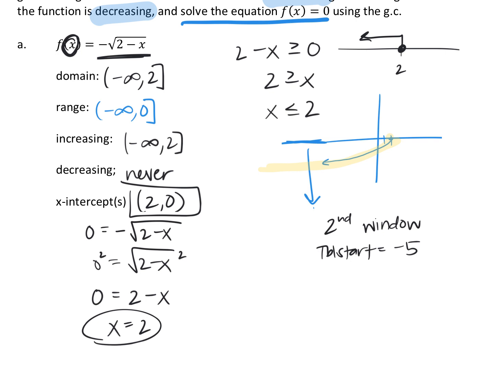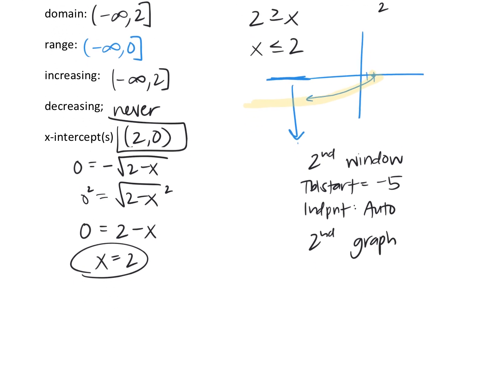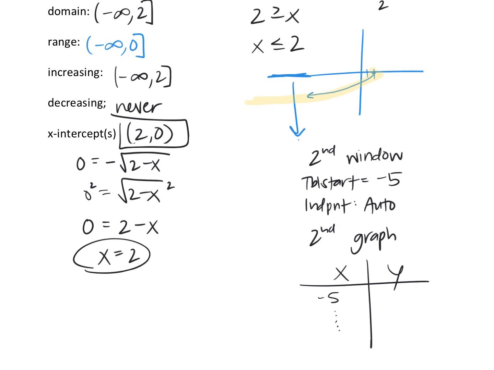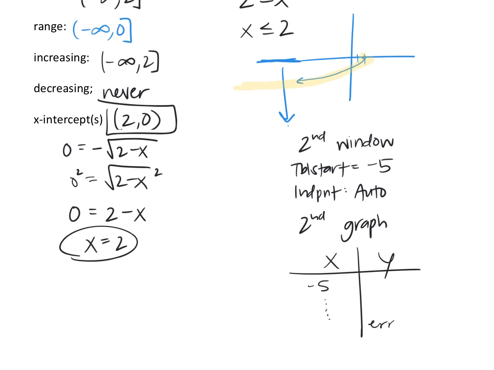And then the independent, we changed it to ask so that we could type in whatever value we wanted. Let's change that back to auto. Because now if I go second graph, we should have a bunch of x's and y's listed starting at -5, going all the way down to whatever yours is at. And you might see a bunch of errors.